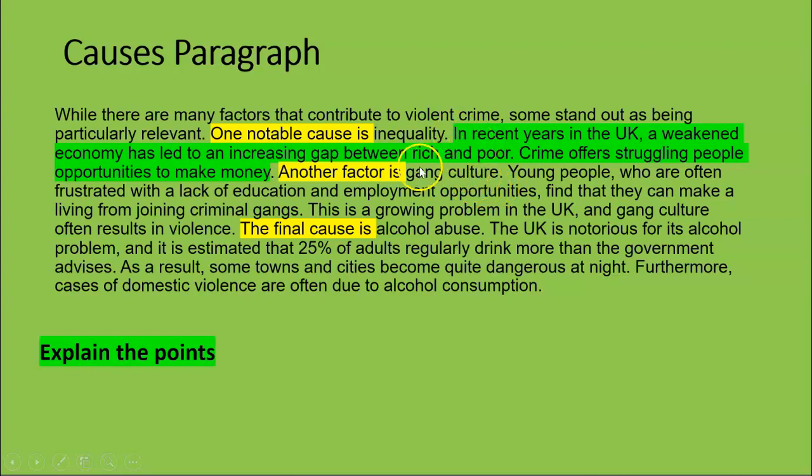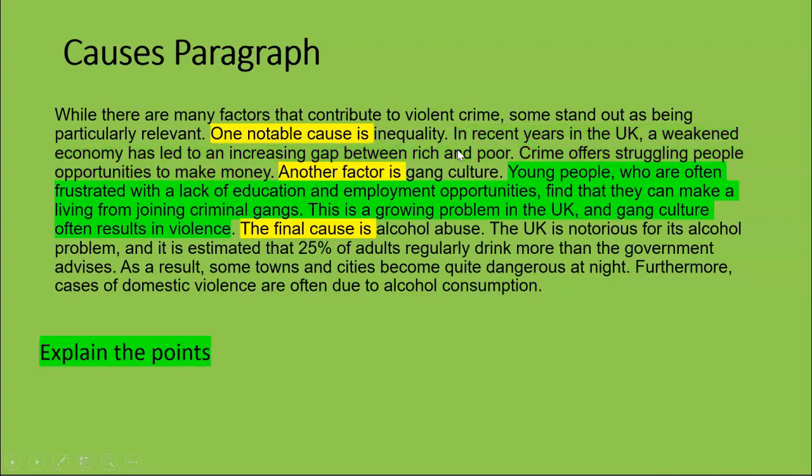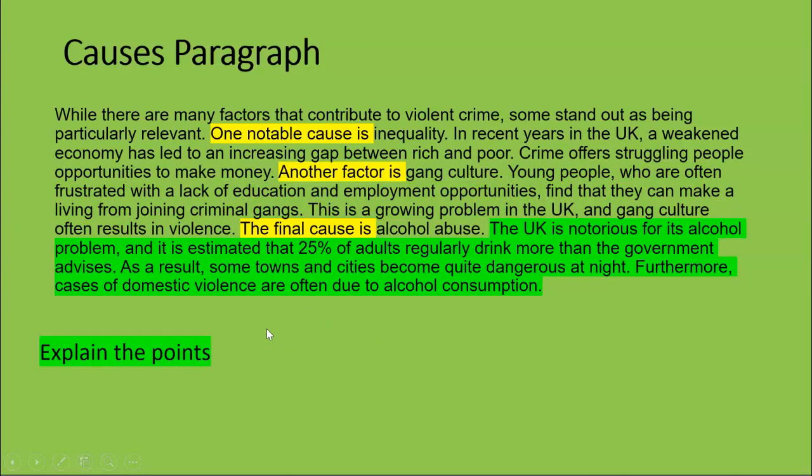So I explain the first point here. Talk about young people here, why they get into gang culture. And then alcohol abuse is the last point. I use a statistic to detail this point and then explain it a bit further. So the explanation, very important, but also notice that I'm only using 2 or 3 sentences for the explanation.